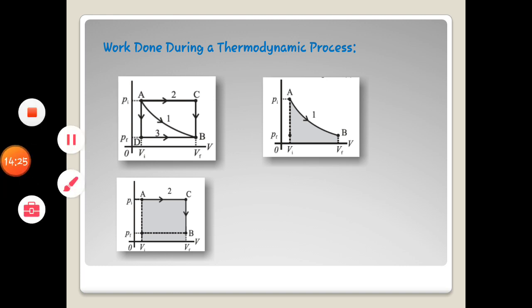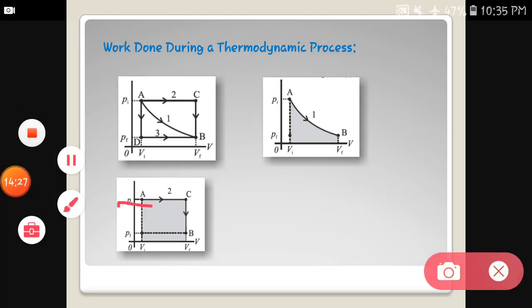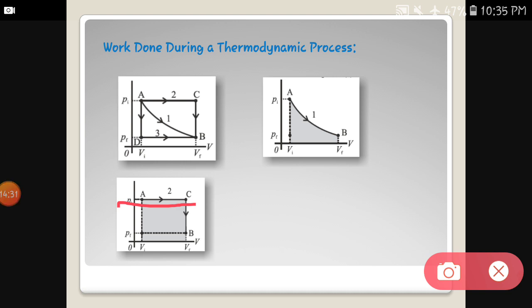As here you can see, pressure is same as it is a straight line. So pressure remains same but volume increases. Then again from C to B, pressure decreases and volume remains same.